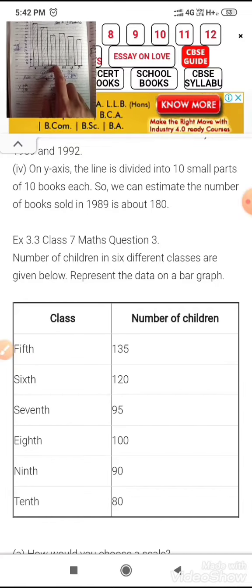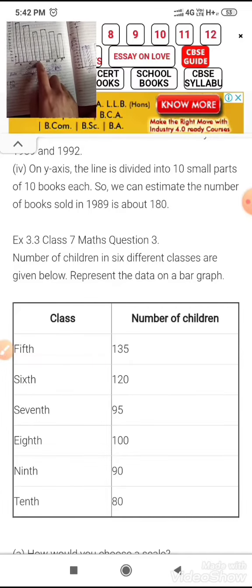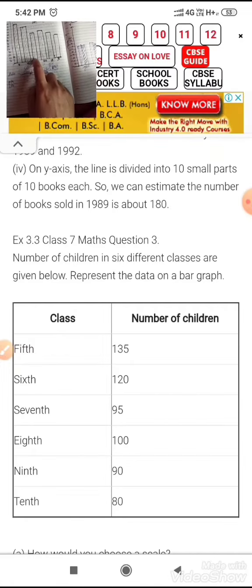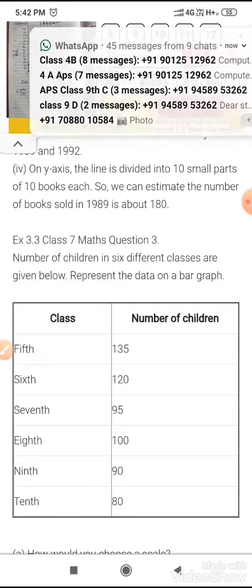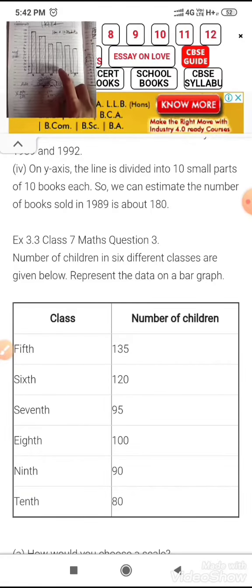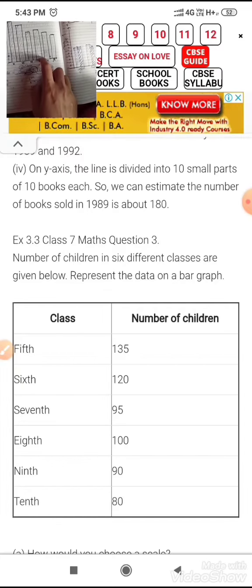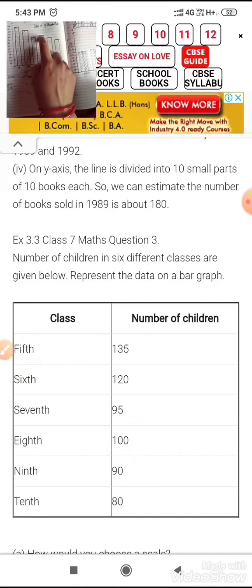Next we plot the graph for 7th class. There are 95 students. The length of this bar lies between 90 and 100. Next we plot the graph for class 8th, and in class 8 there are 100 students, so the length of this bar is up to 100.